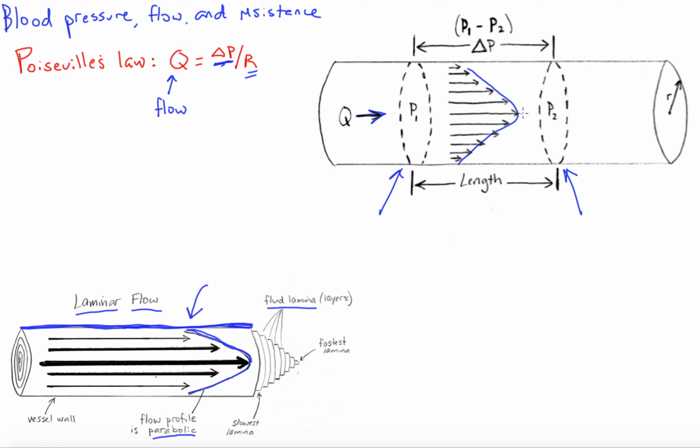And again, we can define a delta P as within a single blood vessel, within a single capillary, within your aorta. We could also do it as your entire cardiovascular circuit.